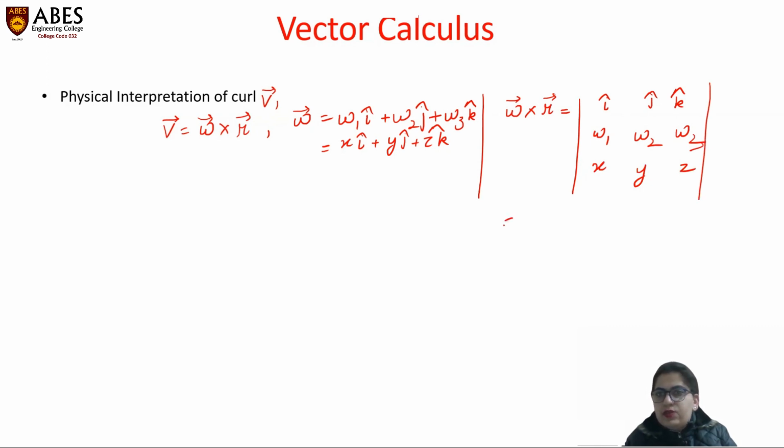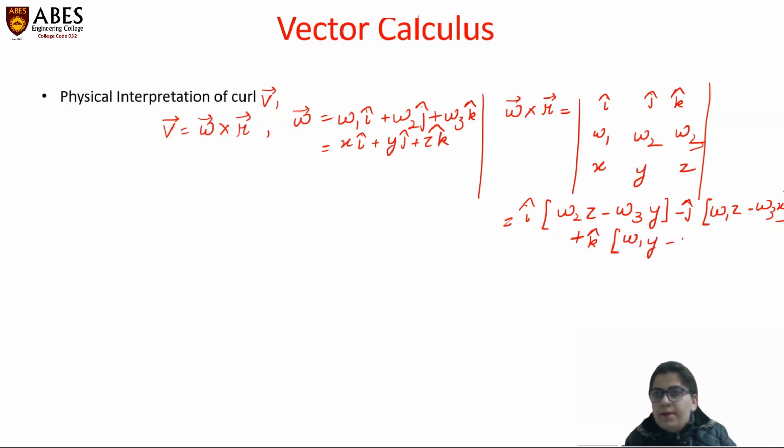Fine. So the cross product will be (w2z minus w3y) i cap minus j cap times (w1z minus w3x) plus k cap times (w1y minus w2x).